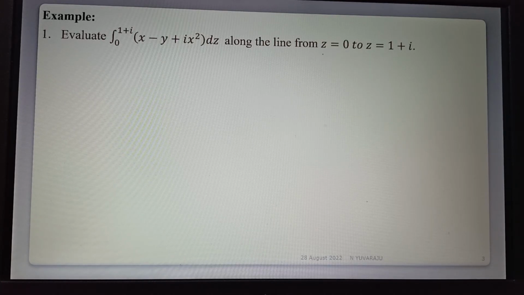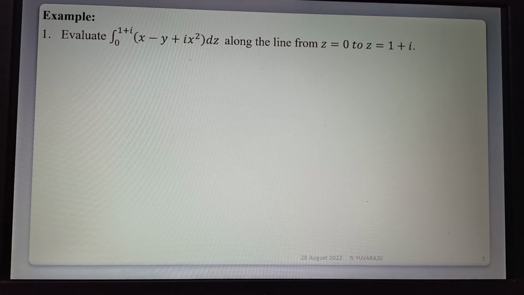The point z equal to 0 is the origin, 0 comma 0, to z equal to 1 plus i, that means 1 comma 1, along a line. So given is a line from the point 0 to 1 comma 1, then find the integration of the complex variable function.